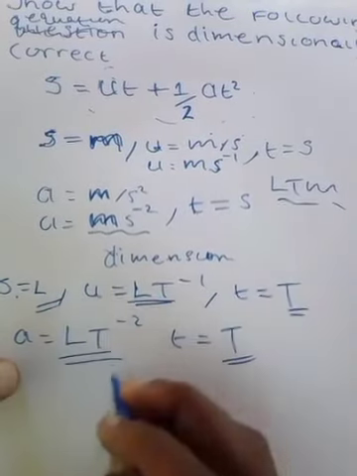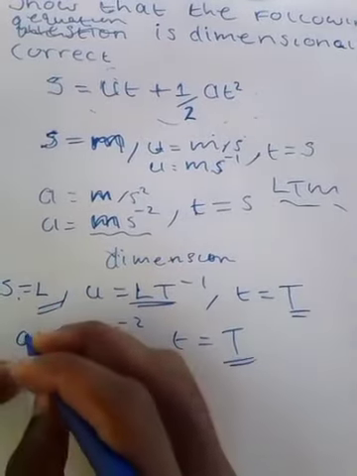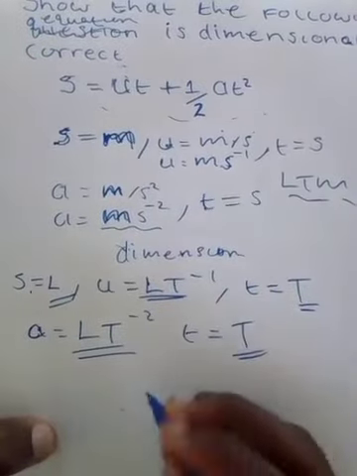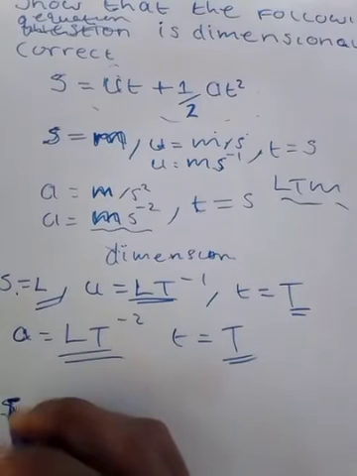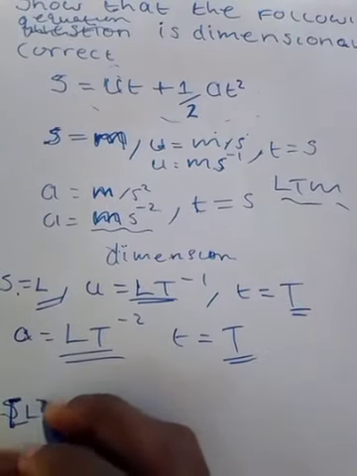Now let us replace the dimensions in the quantities that we have. If you want, you can pause again. Maybe you got stuck on the dimensions. You can pause the video and try again, and we compare the final answers. So let me replace them. I'll put L equal to where I have the u, I'll put the dimensions.